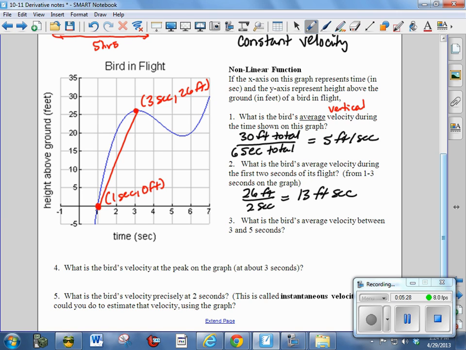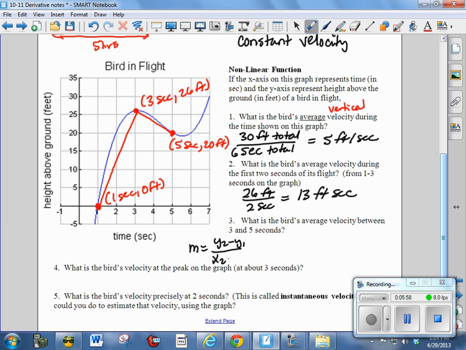Now, what's the bird's average velocity between 3 and 5 seconds? Between 3 and 5 seconds is about right here. Let's figure out where the bird was. This is at the point 5 seconds, and it looks like about 20 feet. Now as I go from 3 to 5 seconds, I want to look at my slope in terms of y2 minus y1 over x2 minus x1.